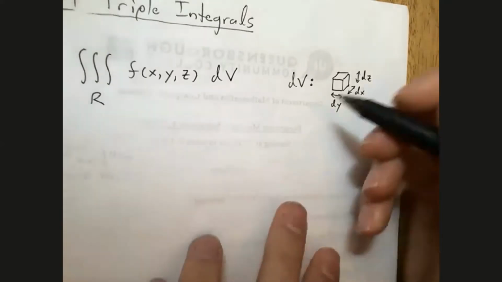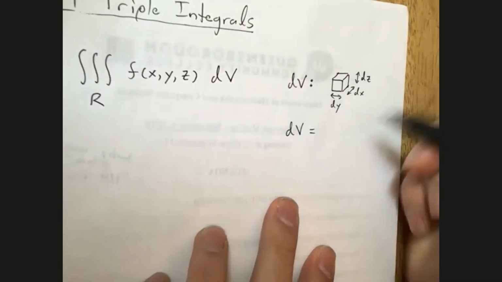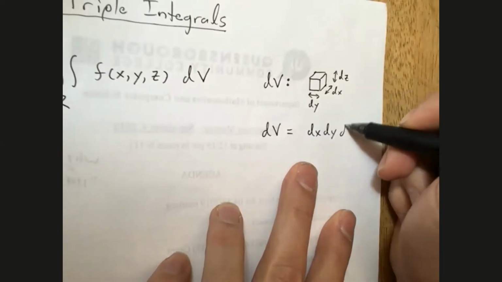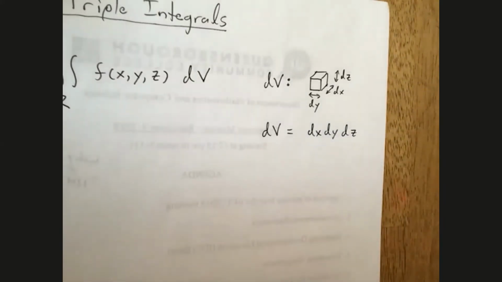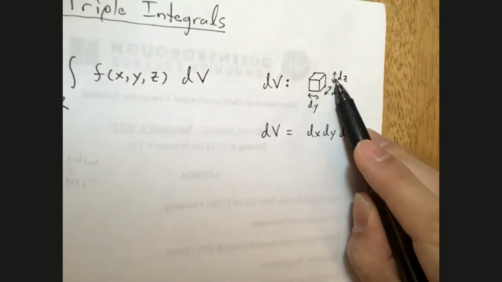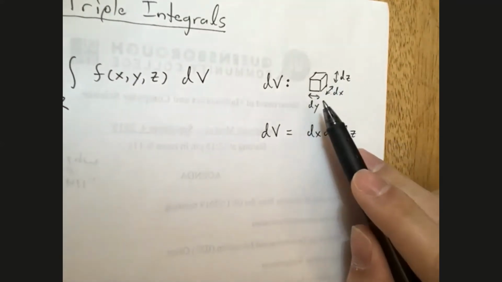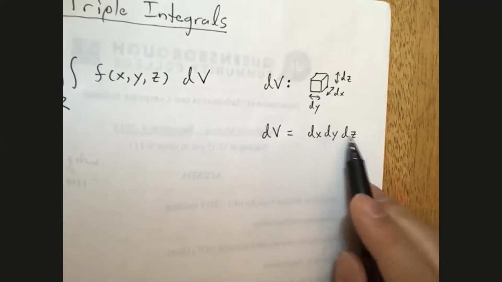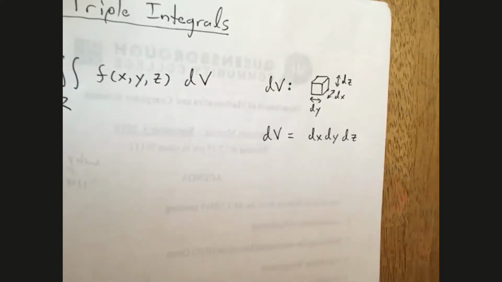So it makes sense to view dV as dx dy dz. Because if I multiply this dimension times this dimension times this dimension, the width times the length times the height, I get the volume of the box. And so these infinitesimal widths multiplied together should give me the infinitesimal volume.